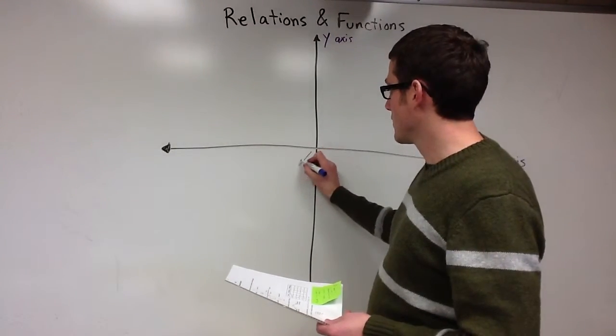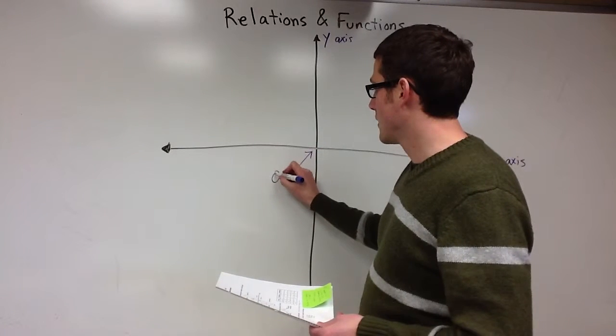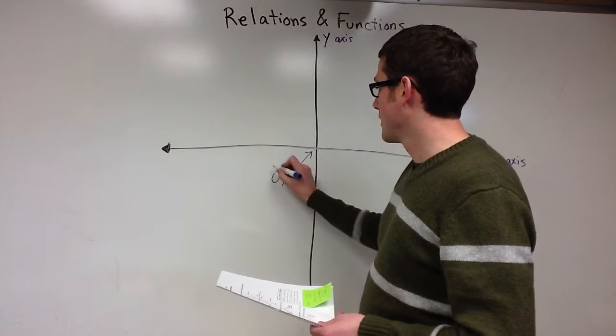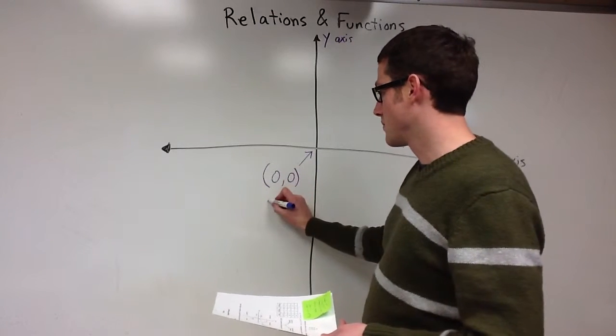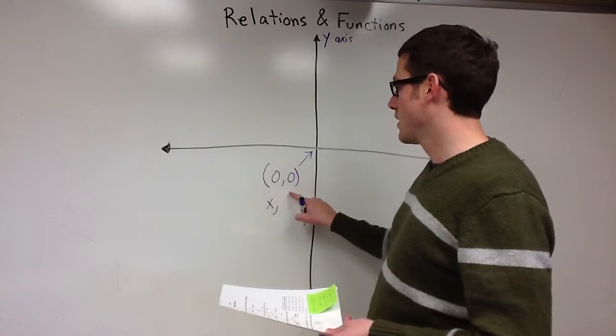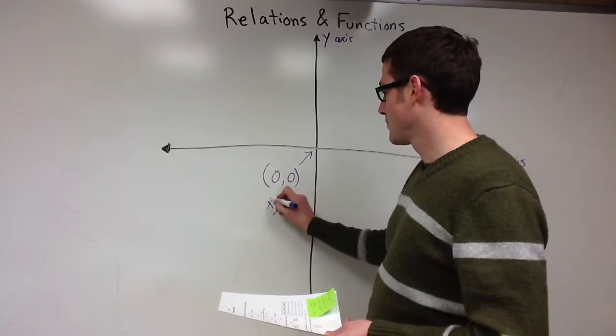The way we lay out this grid or coordinate system is we have 0, 0 in the middle, where the first 0 is the x value and the second one is the y value.